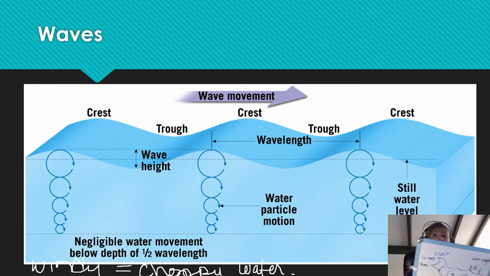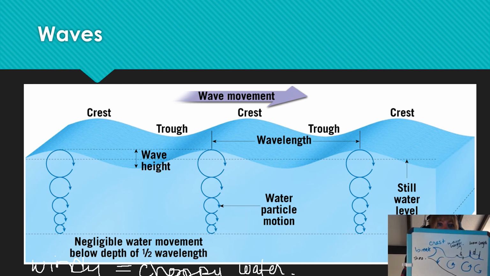And that gives us wavelength. The height is going to be the distance from the trough to the crest, and that's your wave height.